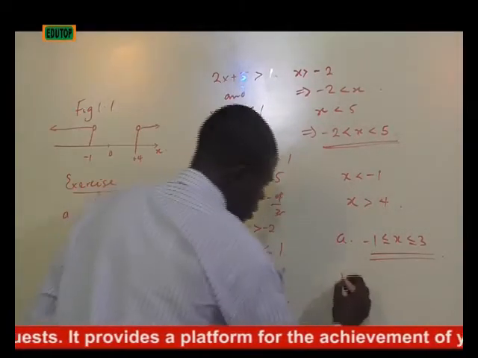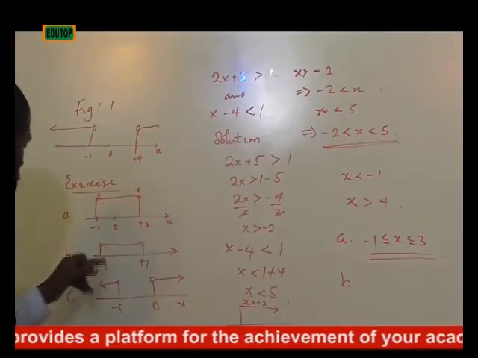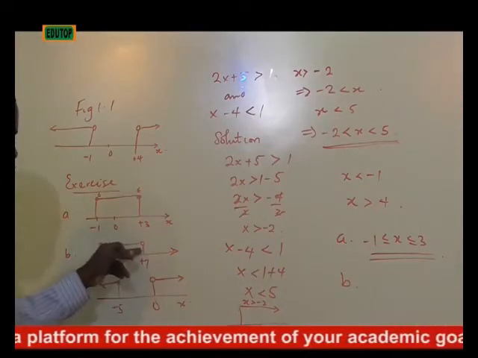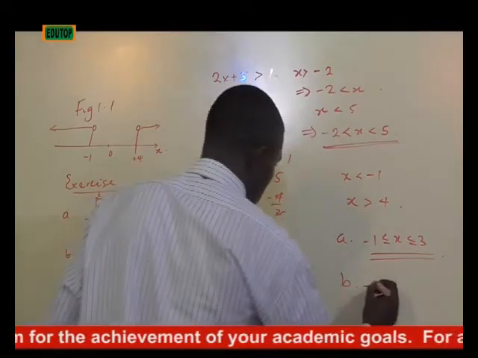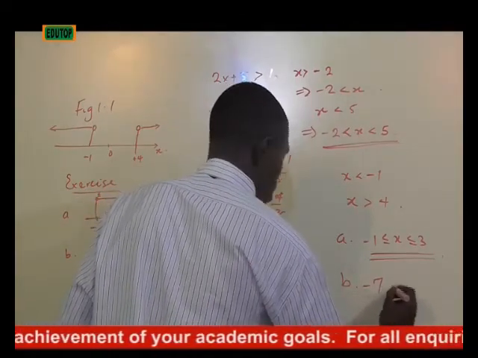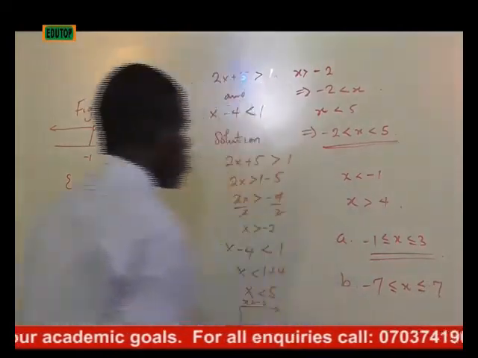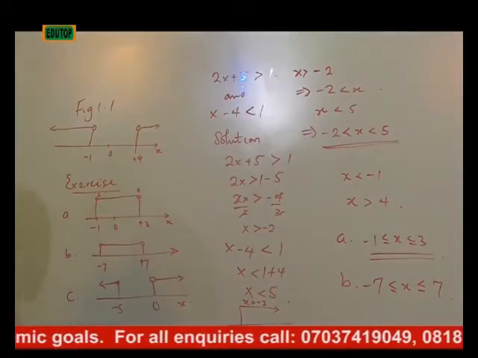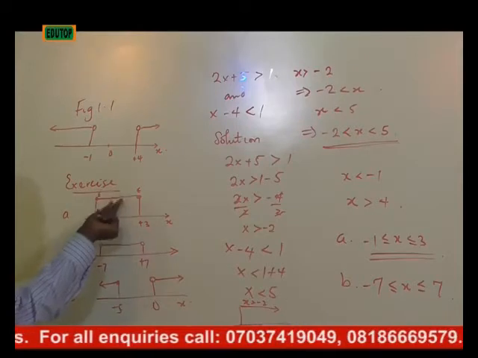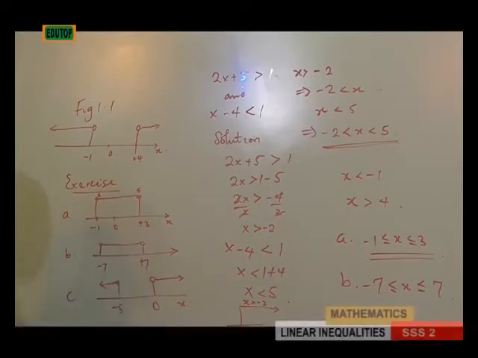The b case, this one is shaded, and this one is not shaded. Automatically, it will be -7 less than or equals to x less than or equals to 7. That will be the range of values for x, because you have a conjunction here. They are linked here. They are also linked here. Here they are not linked.